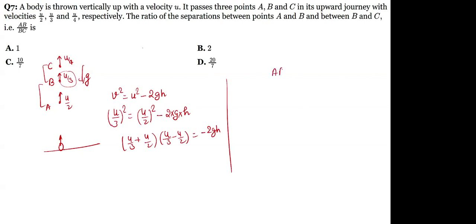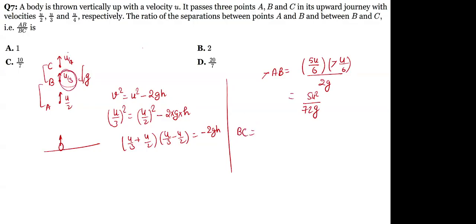So AB we are having as, you can take the LCM here, so it will become 5u by 6 multiplied by minus u by 6 divided by 2g. This minus and this minus will cancel out. So it will become 5u square upon 72g.